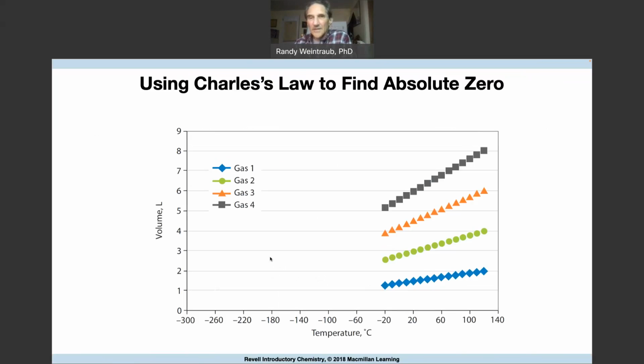In the mid-19th century, William Thomson, who was later granted to be Lord Kelvin, compared plots of volume versus temperature for a number of gases shown here.